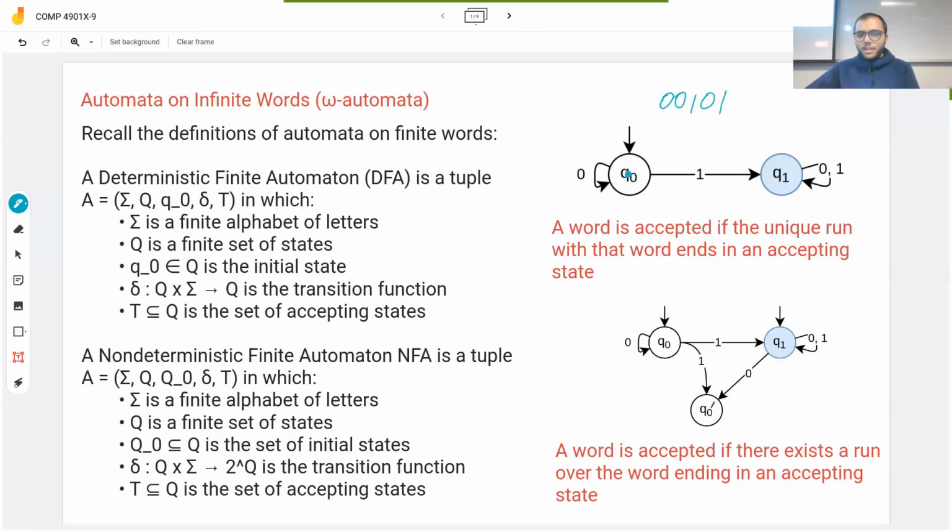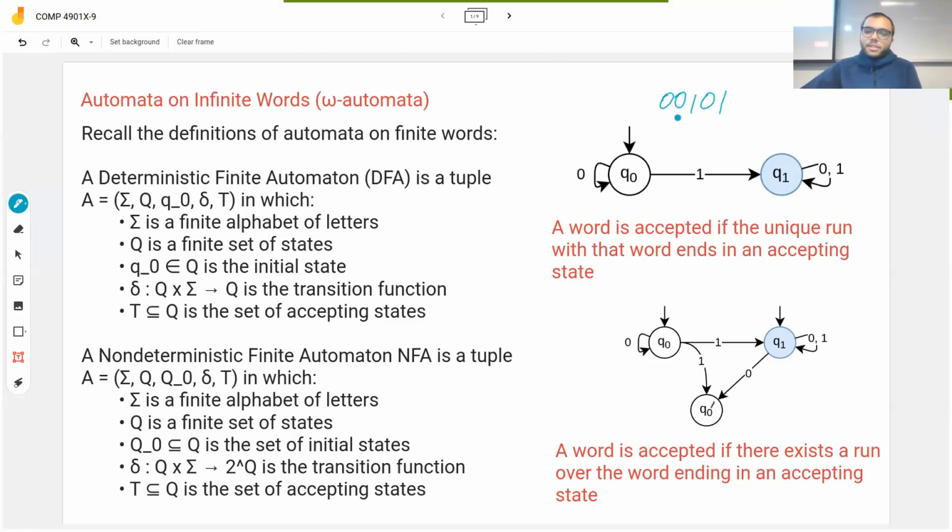I start here, I read the first 0 and take the transition for 0, which keeps me here. Then I read the second 0, do the same transition. Then I read 1 and go here. Then I read 0 and the transition for 0 keeps me here. And then again, I read the last 1, which keeps me in Q1. So for this particular word, I will end up at Q1 if I run my automaton on it.